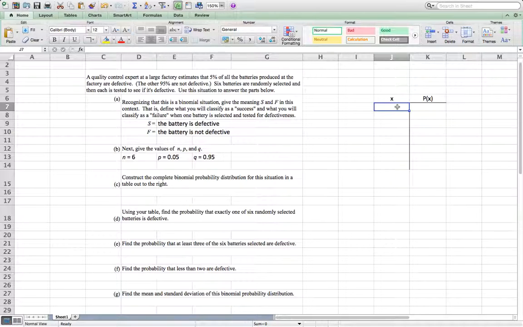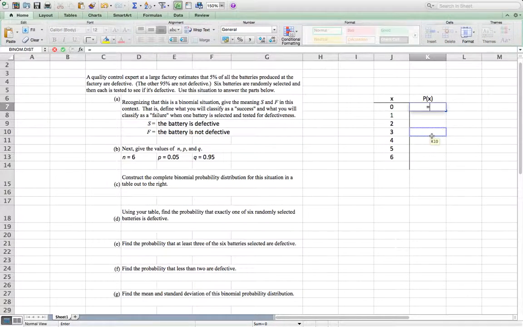Since you have 6 batteries, your X could have values 0, 1, 2, 3, 4, 5, 6, which means you could have 0 batteries defective, or 1 battery defective, or 2 batteries, or 3 batteries, and so on. Now the probability P(x) means the probability of x batteries being defective. We can use the following formula to do this.